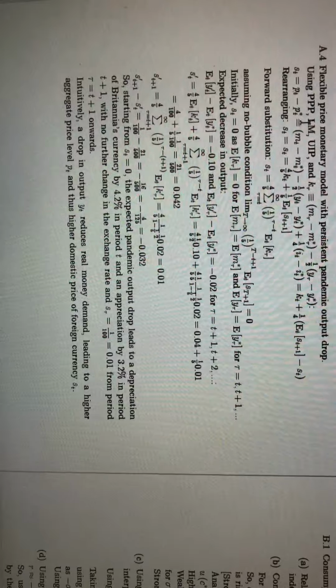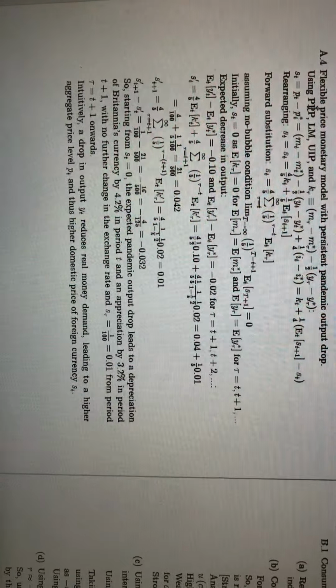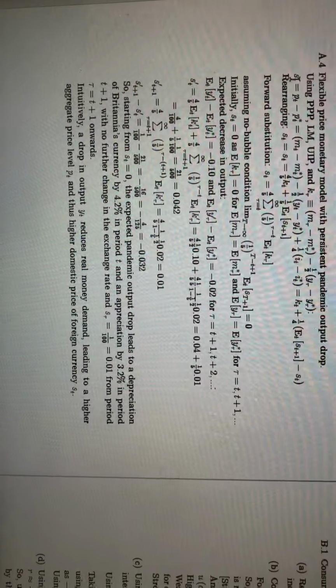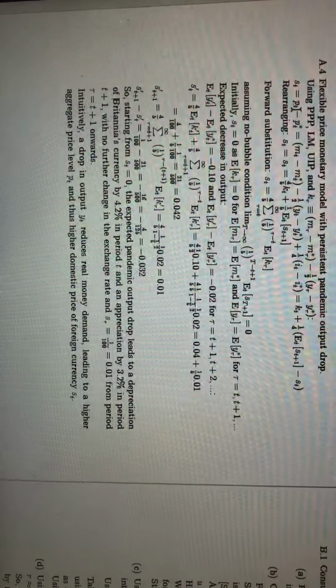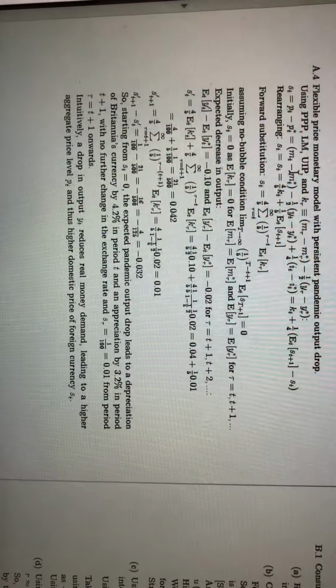So for the derivation, we start by using purchasing power parity, that is S is the difference in domestic and foreign prices, and then we use the LM equation, which is the relationship between money demand and money supply.